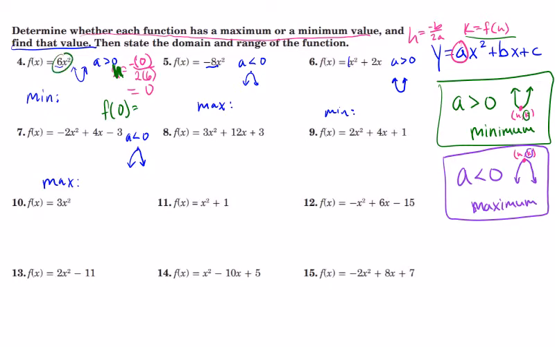If I plug in 0 here, it's just going to be 6 times 0 squared, which is 0. So my minimum value is 0. You don't have to write this, but the vertex happened to be 0, 0 in this case, and we want the y value of the vertex, which we call k.